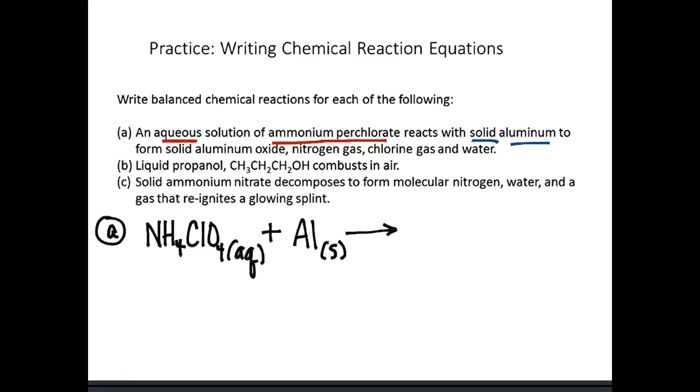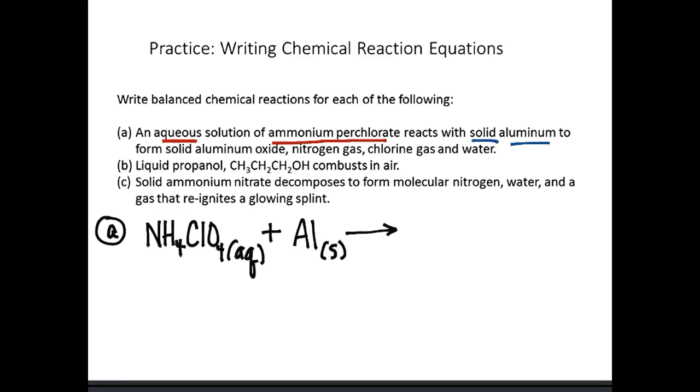Solid aluminum means we just need Al with an (s). There are a few elements that you need to know that are diatomic or polyatomic. We will talk about those in class. And there's a previous video that describes those. If you go back in the videos to when we went over the periodic table and the different forms, I think it was the molecules, compounds, and elements video.